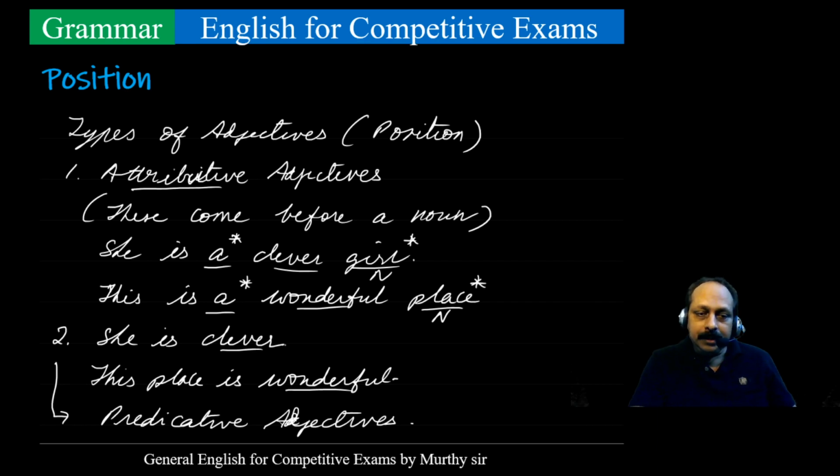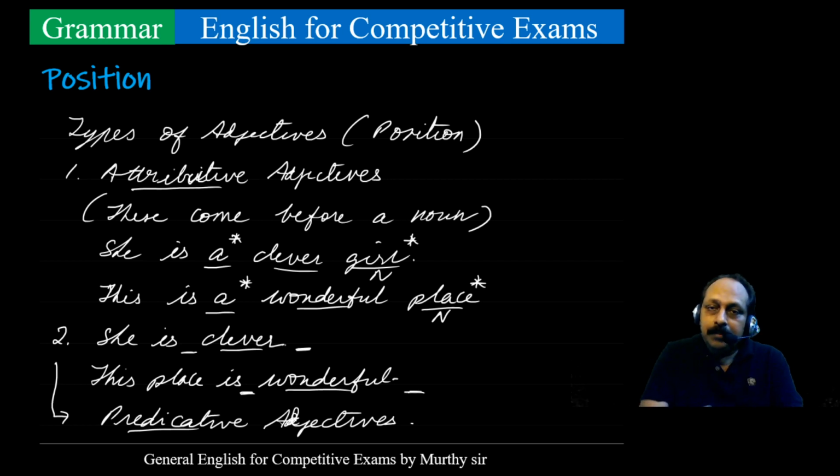If you take predicative, in the predicative pattern position, there is no article, there is no noun. That means what? You can use adjectives without a noun. When you use it without a noun and obviously without an article, it is called predicative.